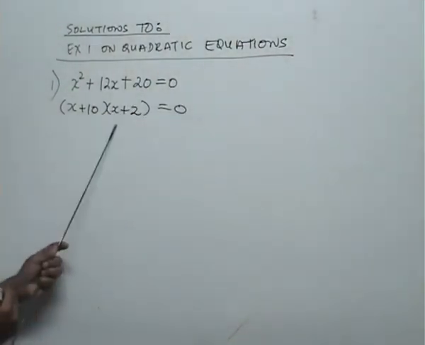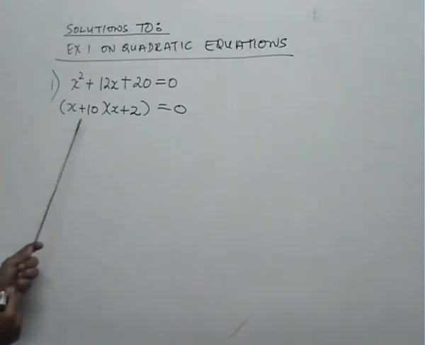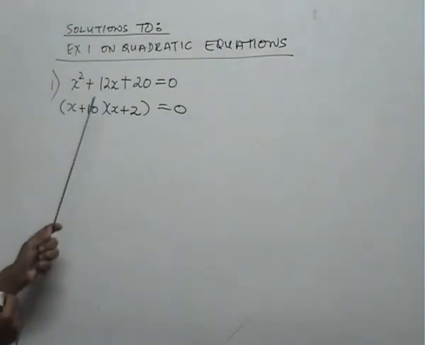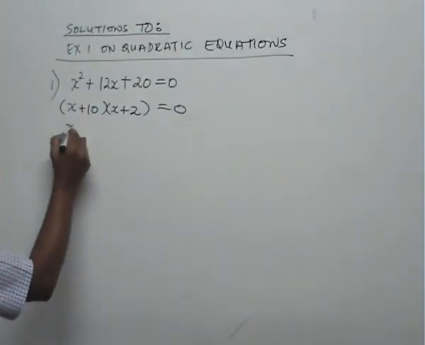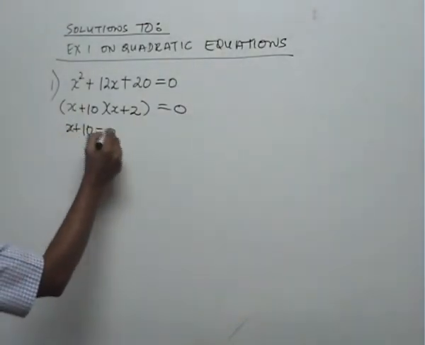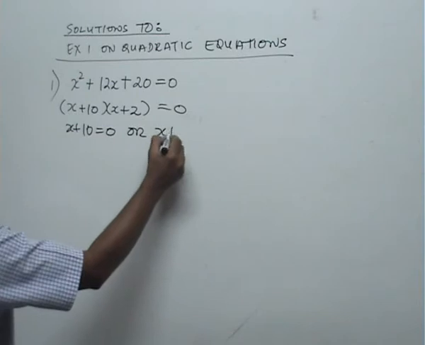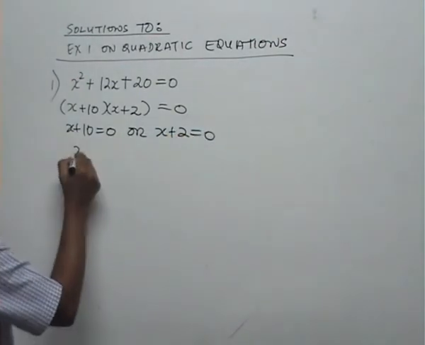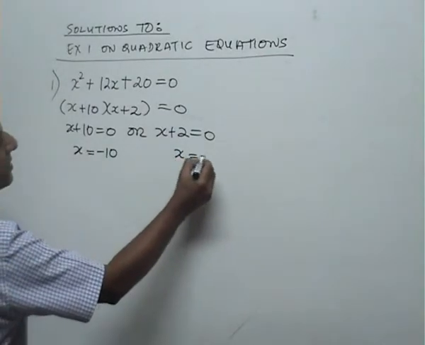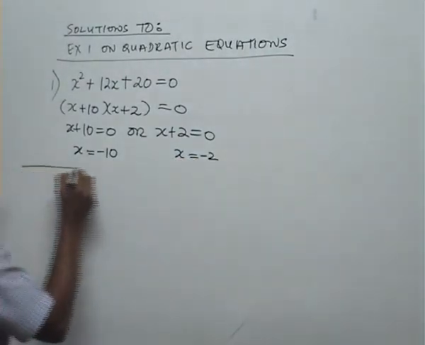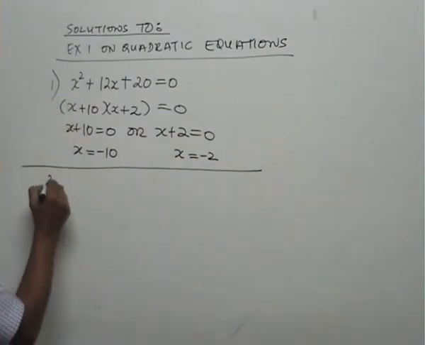If you test x times x, x squared, 10x plus 2x gives you 12x, 10 times 2, 20. So that's correct. And then each bracket will be made equal to 0. x is equal to minus 10, and on this side x is equal to minus 2. So that's the solution for number 1.